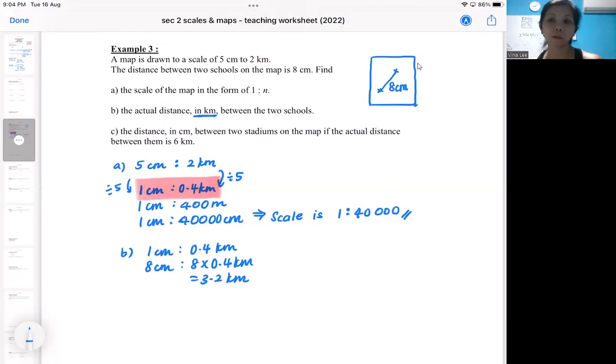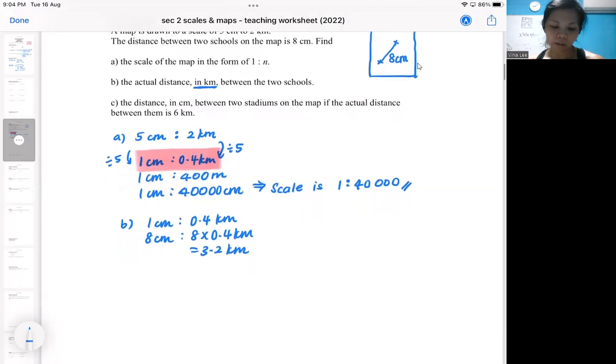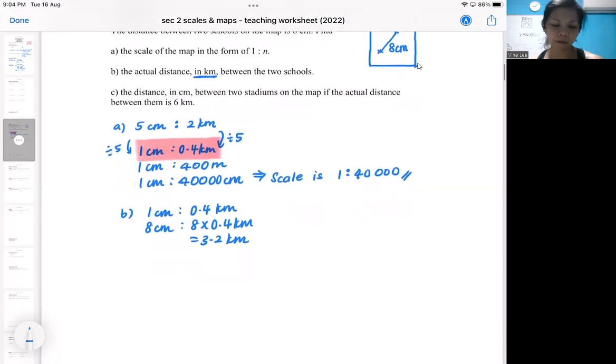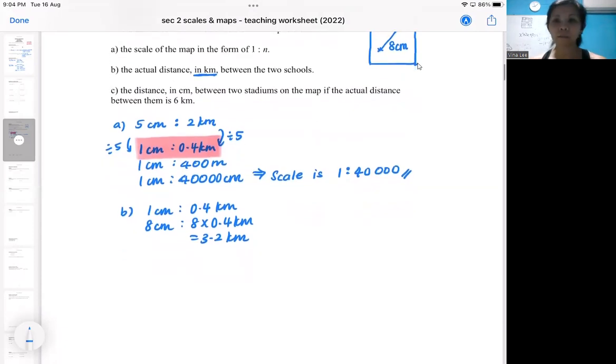So usually most students will leave the answer here. Sometimes it can be a bit confusing, because they can be asking very complex question. Sometimes will involve two maps. So I think it will be easier if you answer the question. That also ensure you answer the question. So answer the question in a statement. The actual distance is... So some students don't answer the question.